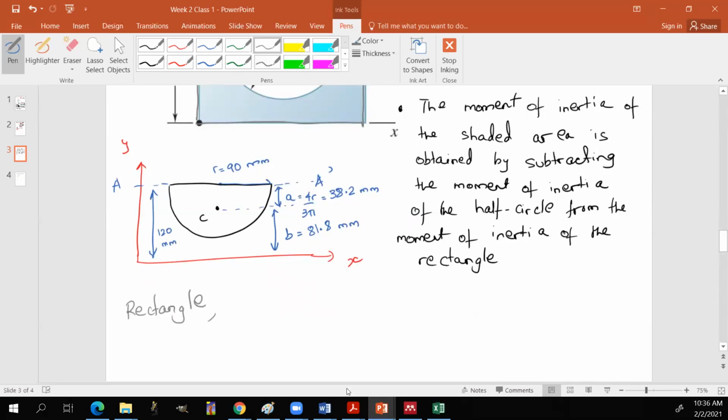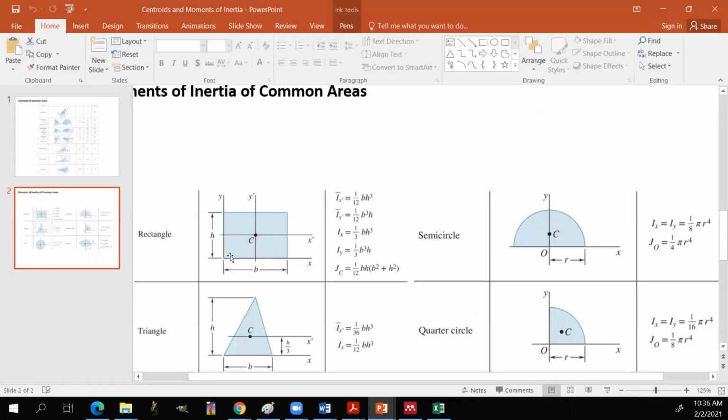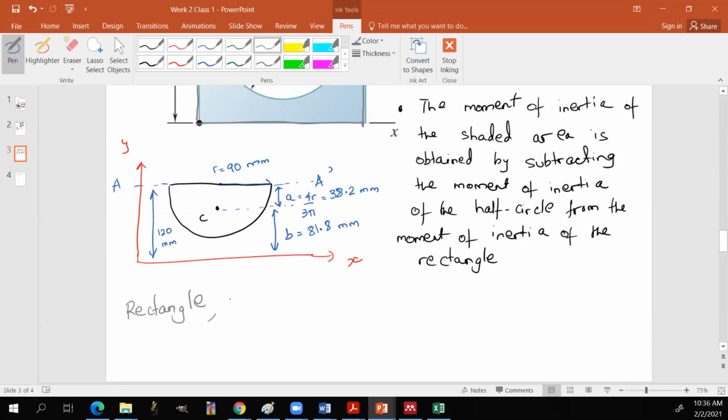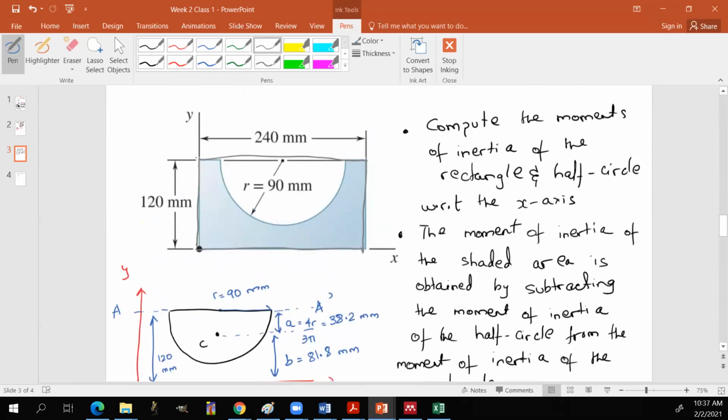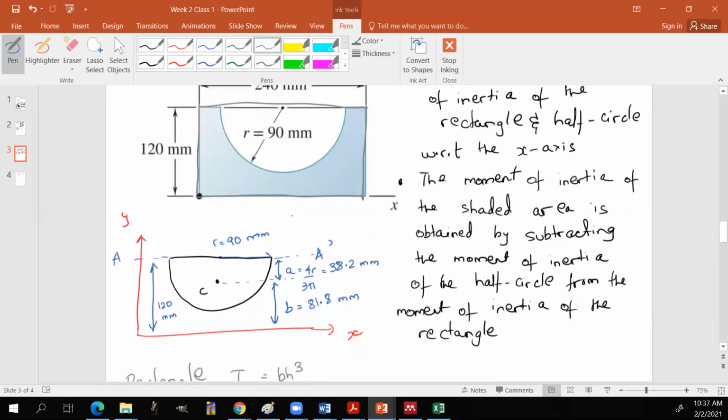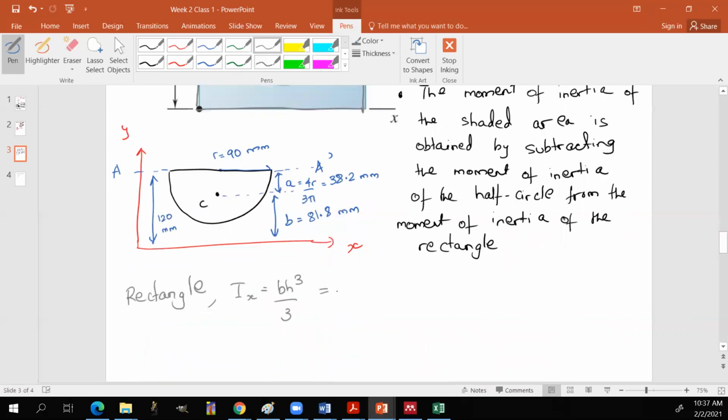So referencing back our document here, 1 over 3 bh cubed about the x-axis, right? About this edge over here. So Ix is equal to bh cubed over 3, right? So what is B? 240. What is H? 120. So you get 1 over 3 times 240 times 120 cubed. What does that turn out to be equal to?